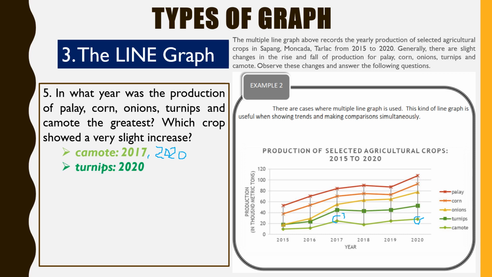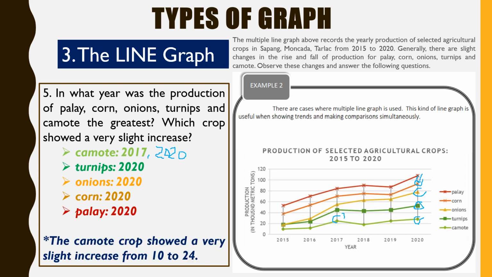For the next crop, for turnips, it is in this year, so that is 2020. For onions, it is also 2020. Same with corn and palay.